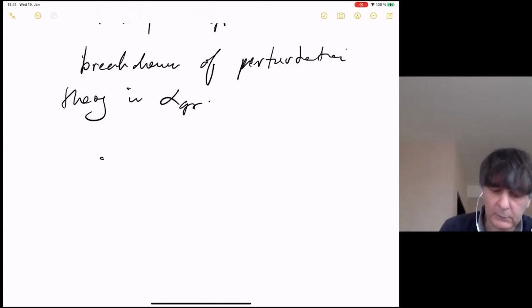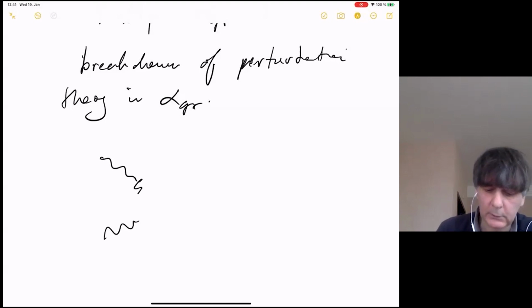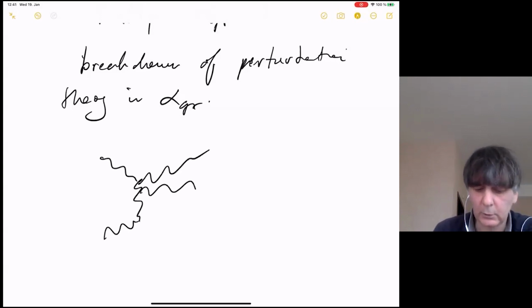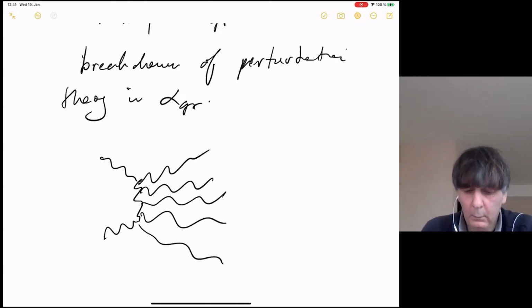For example, if I'm considering a process in which 2 gravitons go into many, as long as the momentum transfer per vertex is small, we can perfectly nicely treat this perturbatively.